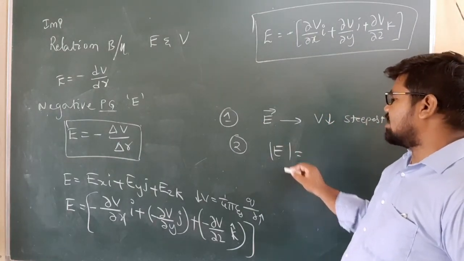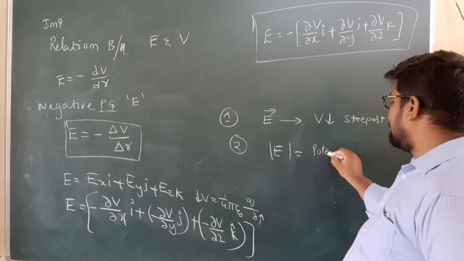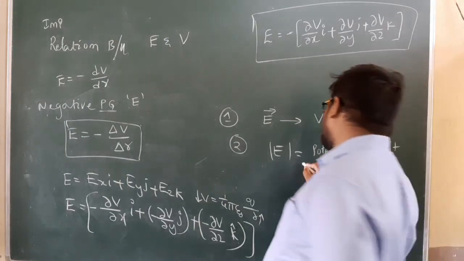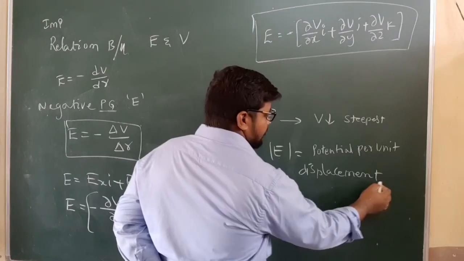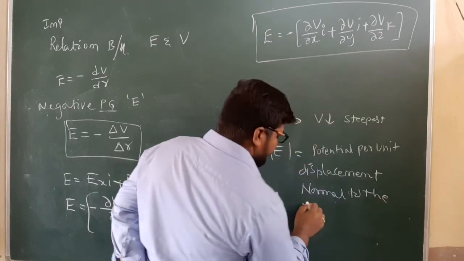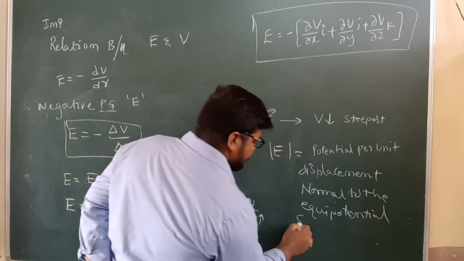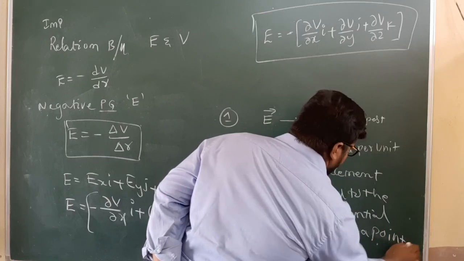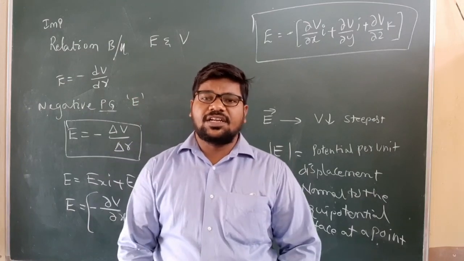It is the magnitude of the electric field, which is the potential per unit displacement, displacement normal to the equipotential surface at a point. Clear, my children? Once you go through it, it is very important.